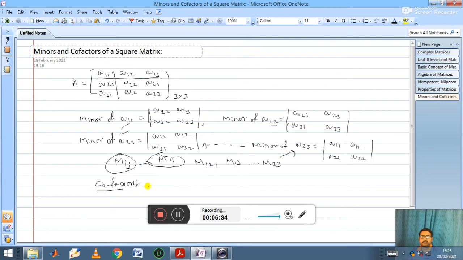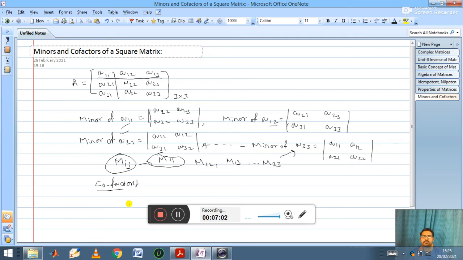Consider the same matrix, A equals A11, A12, A13, and so on up to A33. Then the minor of A11 is represented by A22, A23, A32, A33. The definition of cofactor is that the signed minor is known as the cofactor.